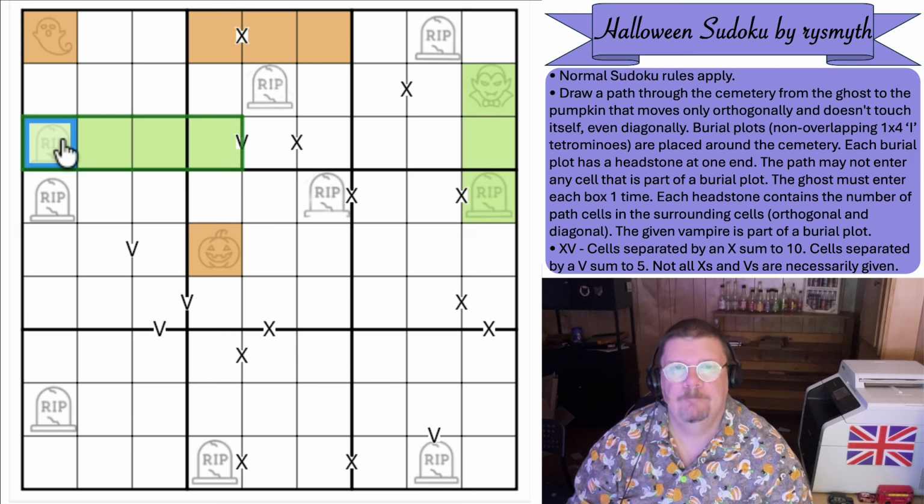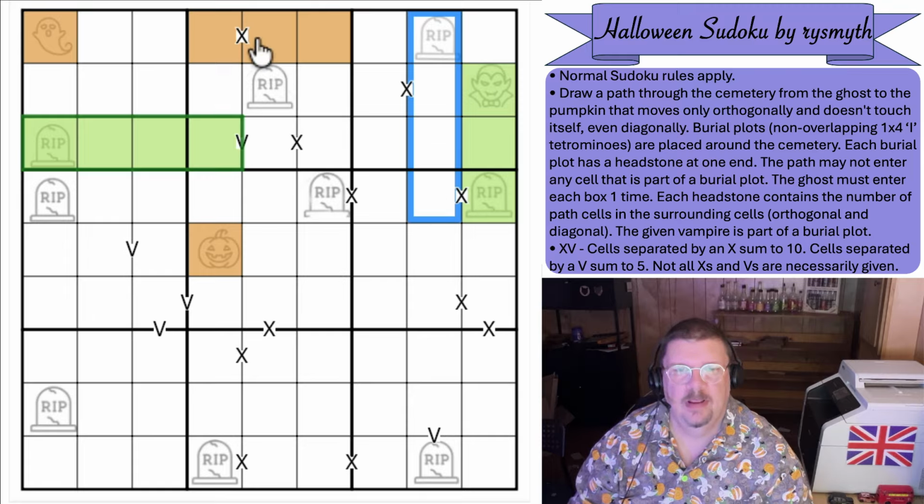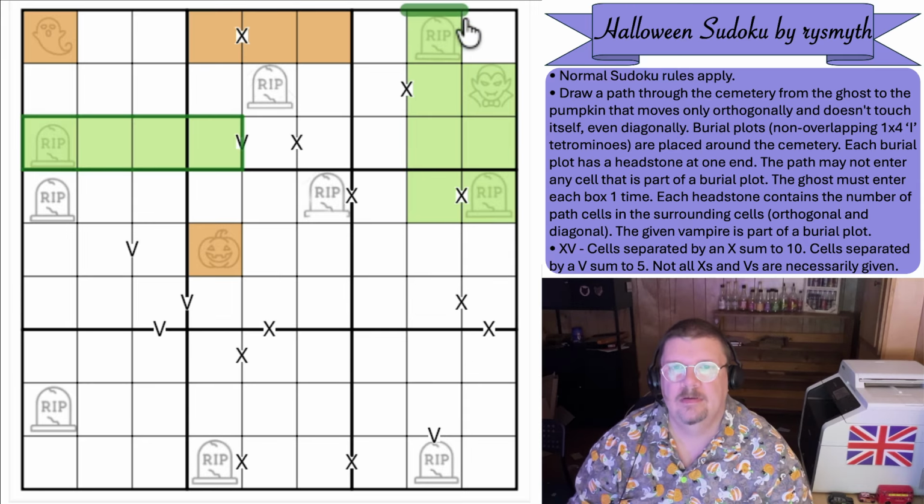All right. Okay, if this went to the right, well, in fact, even easier. This here must go down because it can no longer go left. So those are part of a burial plot.